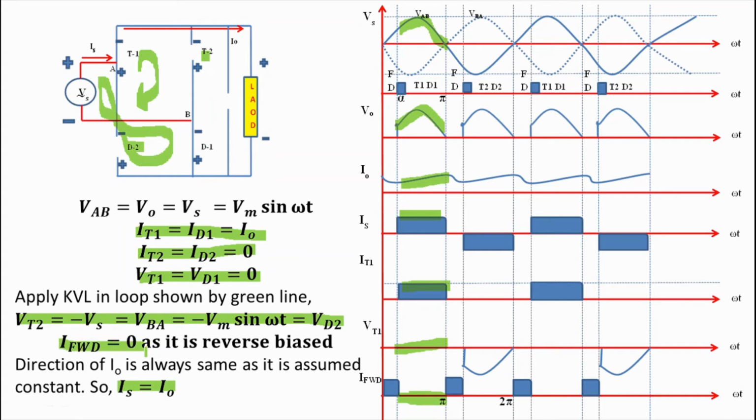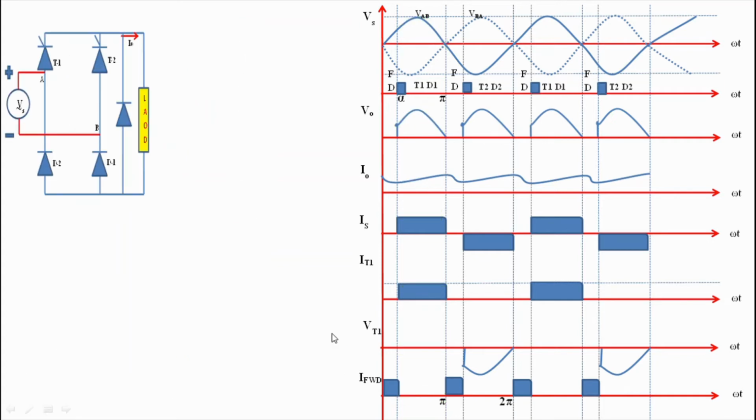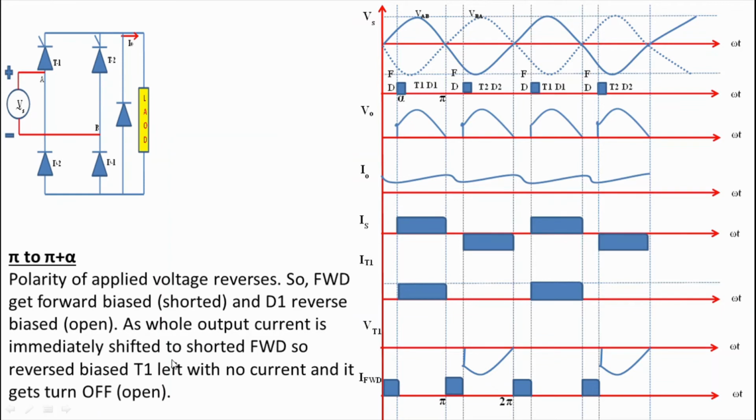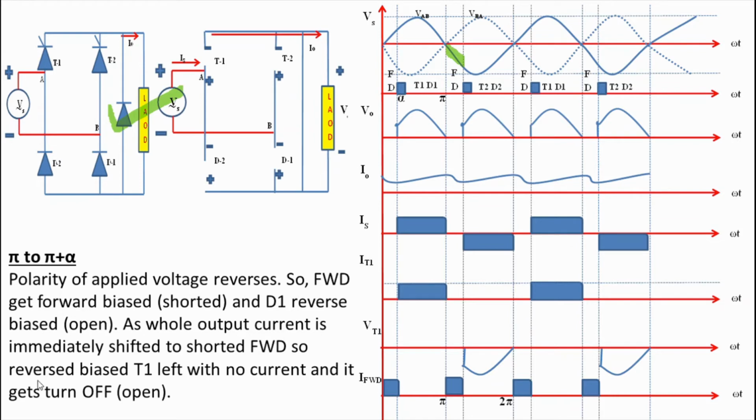Now see the operation from pi to pi plus alpha. The polarity of the source voltage reverses after omega t equals pi. So the freewheeling diode gets forward biased and it will start conducting. During forward bias it will act as a short circuit. Now the whole current will shift to the loop containing the freewheeling diode and load. The current will start freewheeling in this loop.